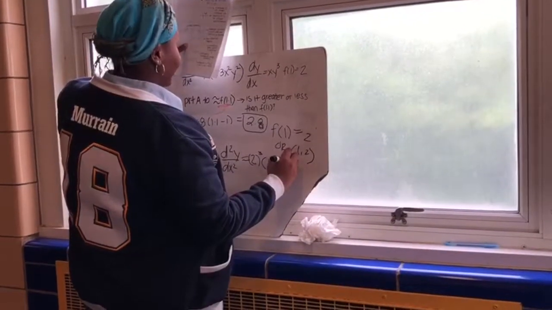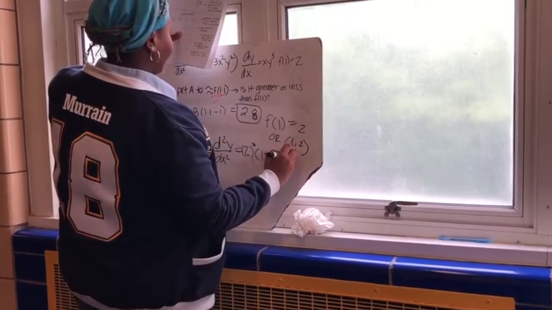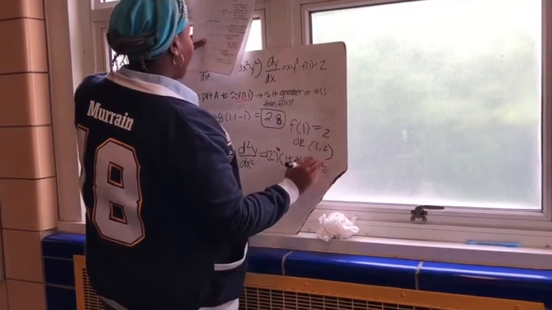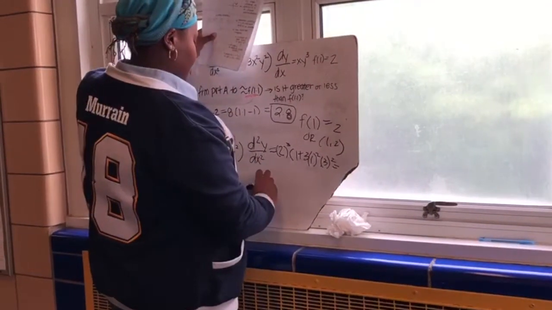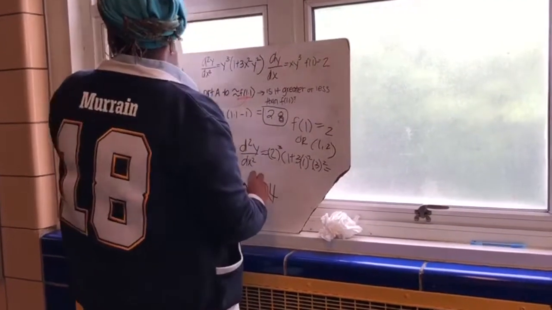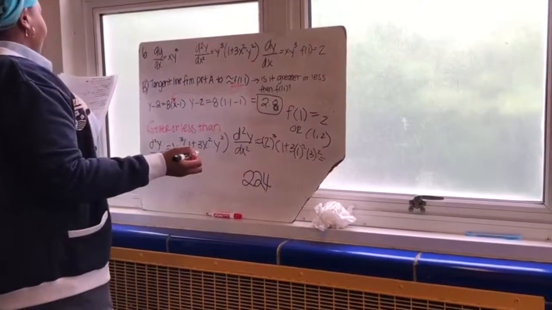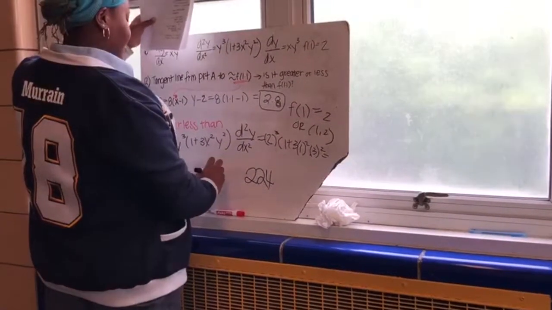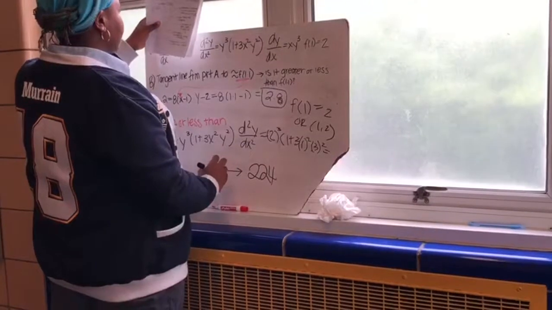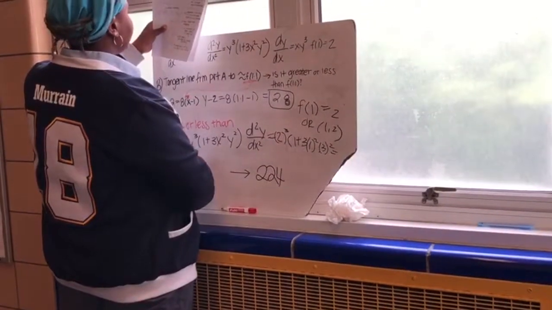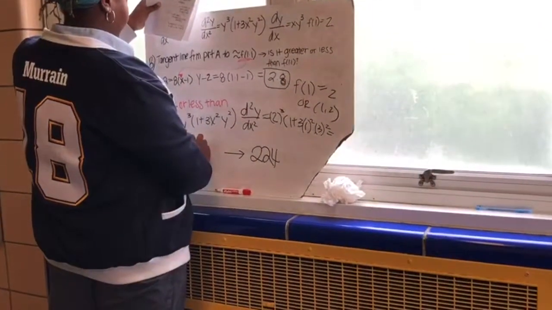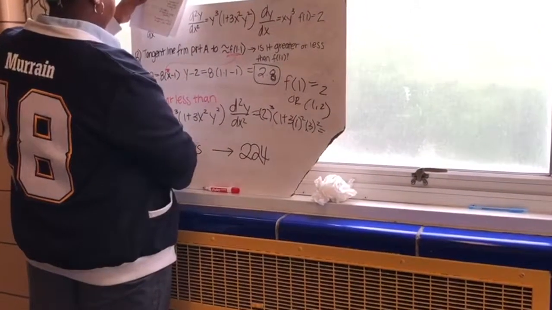Once you do that, you do some algebra in your calculator and you get an answer of 224. Because it relates to concavity and the answer is positive, that means that f of 1.1 is an under approximation. Now, let's say we got an answer of negative 224. Then we would say it is an over approximation because it is negative.